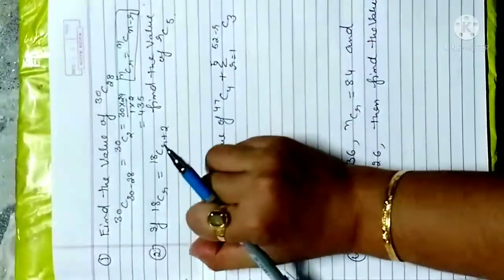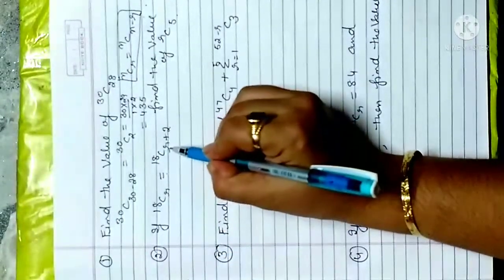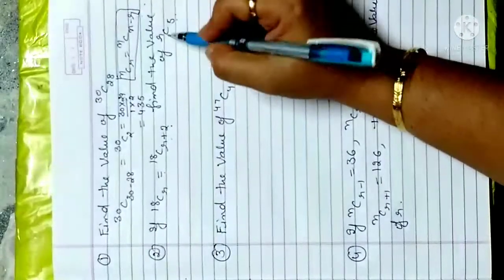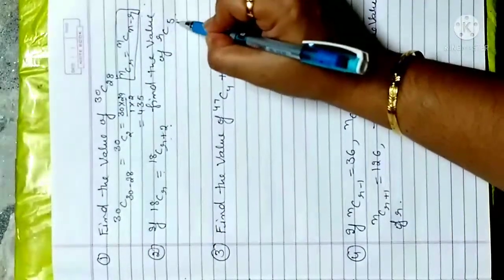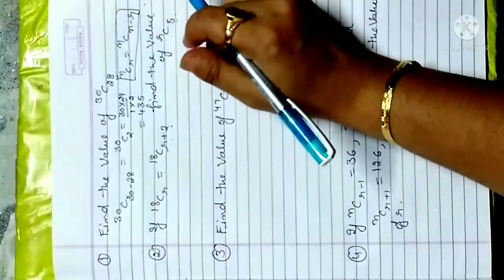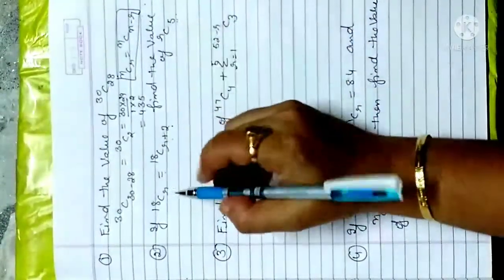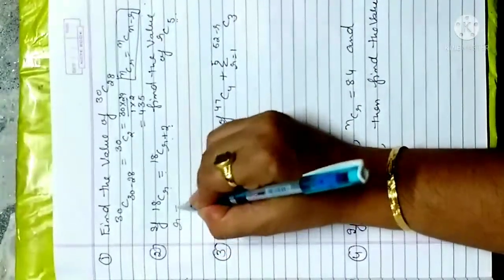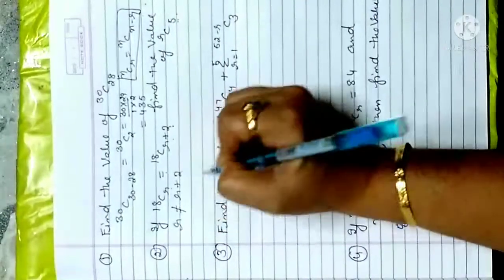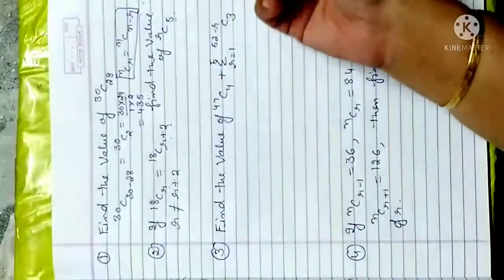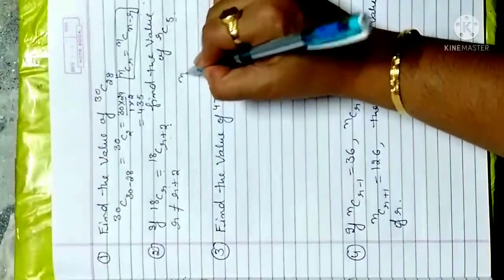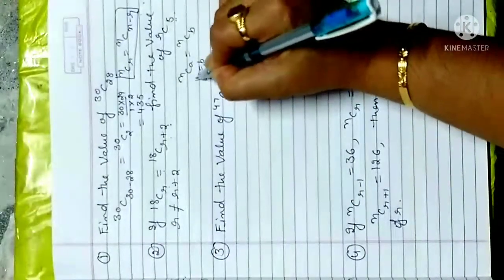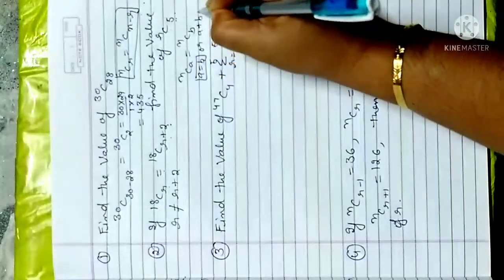Now in the next question, 18Cr is equal to 18C(r plus 2), and you have to find the value of rC5. Before finding rC5, you must find the r value. First, r is not equal to r plus 2, they can never be equal. So we have the condition r not equal to r plus 2, because of our second property: nCa is equal to nCb, either a is equal to b or a plus b is equal to n.